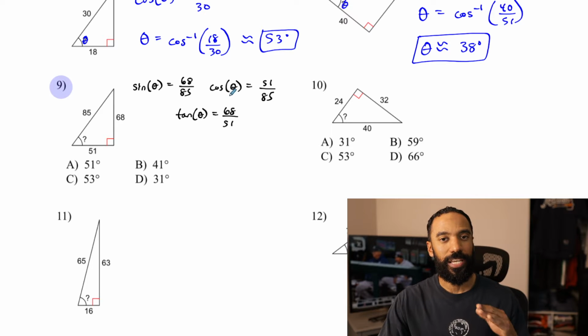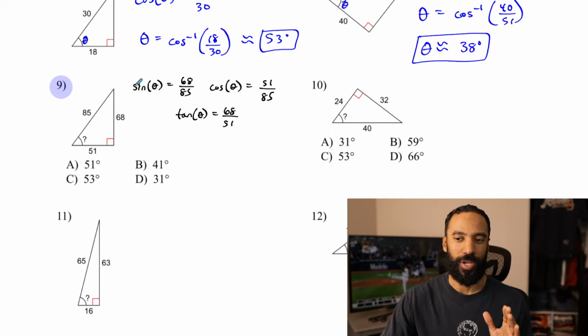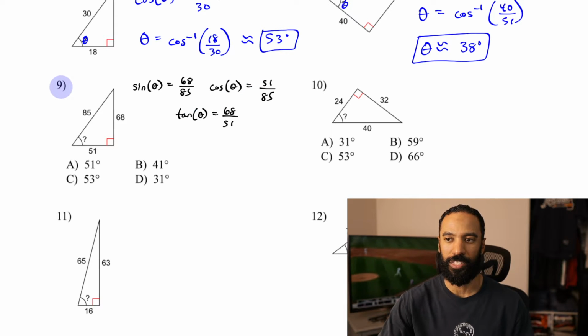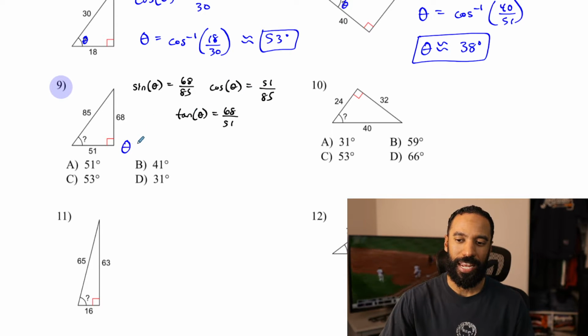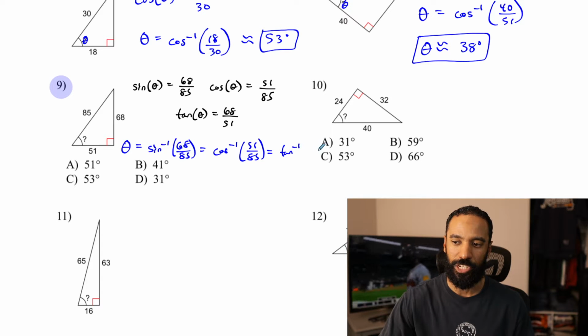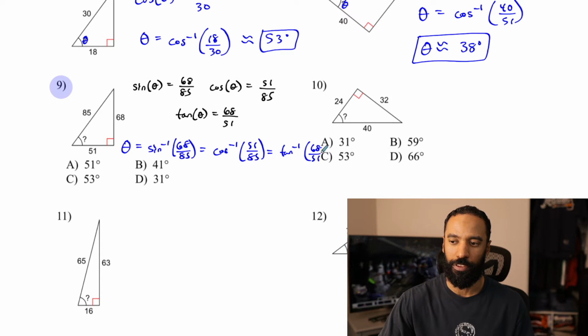To get theta by itself in any of these three situations, you got to take the inverse sine of both sides here, inverse cosine of both sides here, or inverse tangent of both sides here, as if to say that theta equals the inverse sine of 68 over 85, but it also equals the inverse cosine of 51 over 85, and it also equals the inverse tangent of 68 over 51.